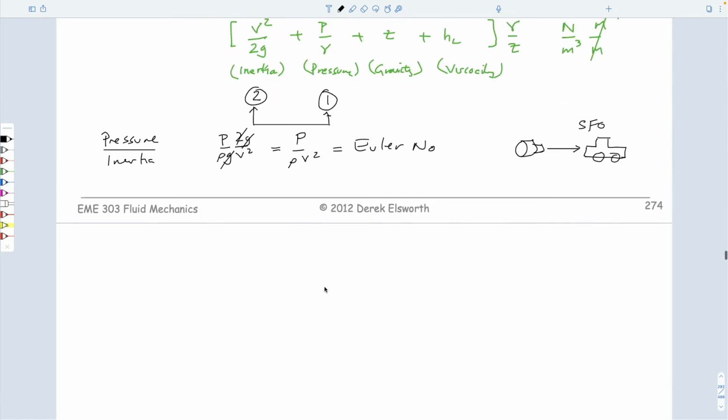So that's the first one. The second one will be the ratio of inertia and gravity, so this one and this one. I'm going to do these the right way. This would be inertia divided by gravity. I guess I could write them as upper and lower. These are just the forces due to these things.